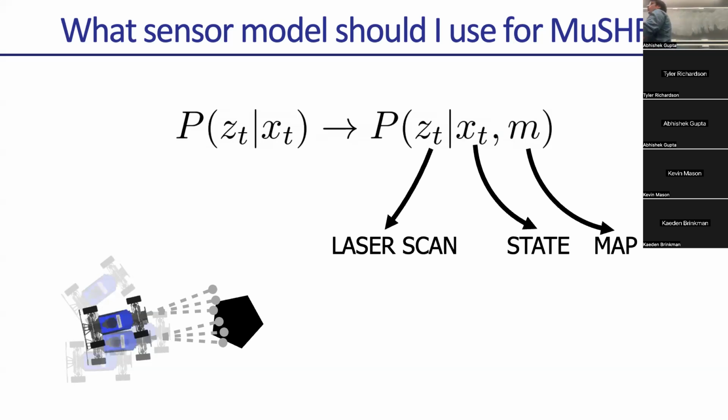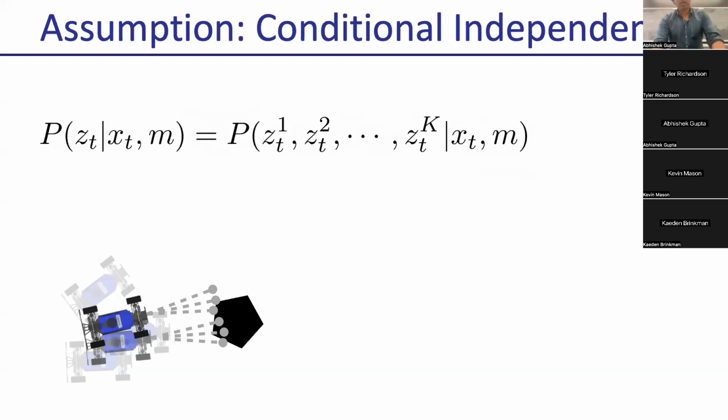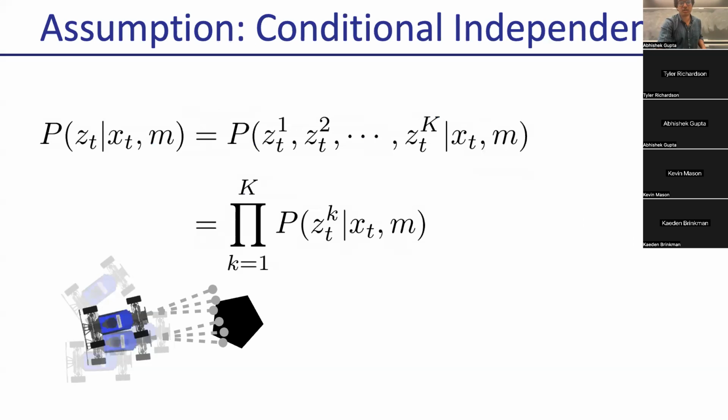Right, but if I just had one laser beam, that's not going to tell me that much. So I'm going to have a bunch of laser beams, right? And so typically the sensor model is not going to be just one laser beam, but you're going to have K different laser beams, from 1 to K, and those laser beams will go in every direction.